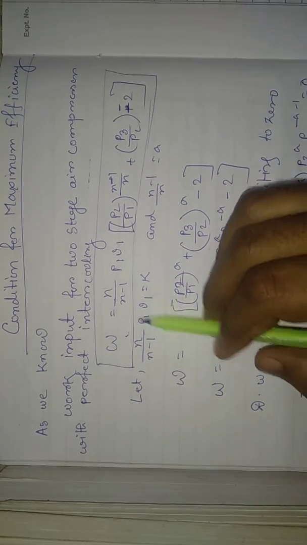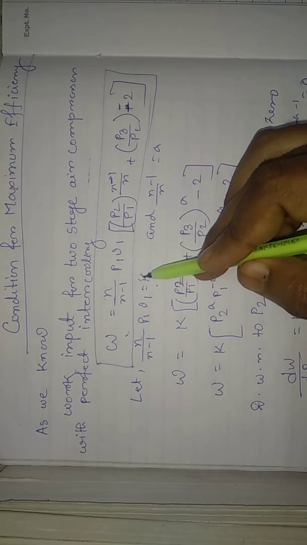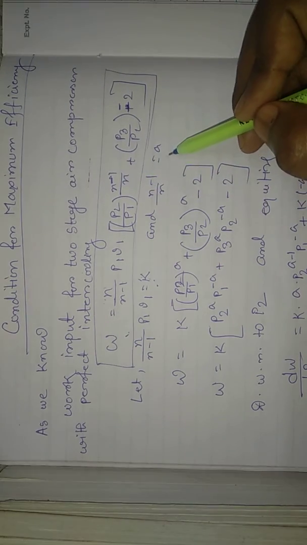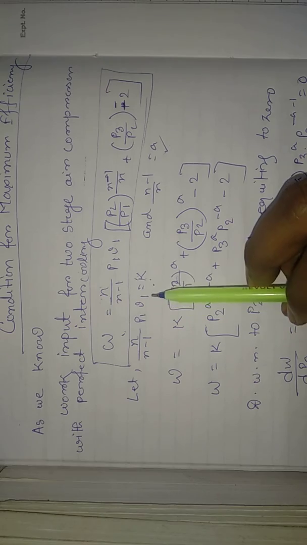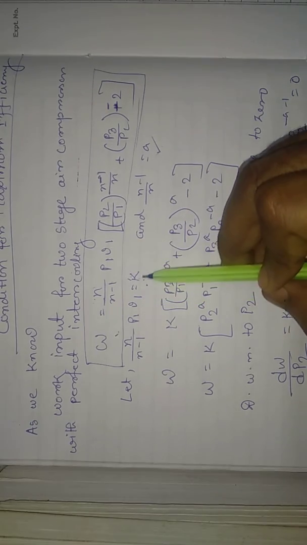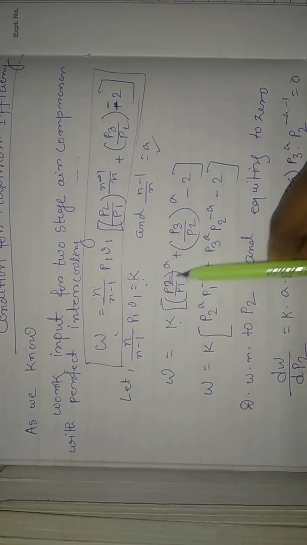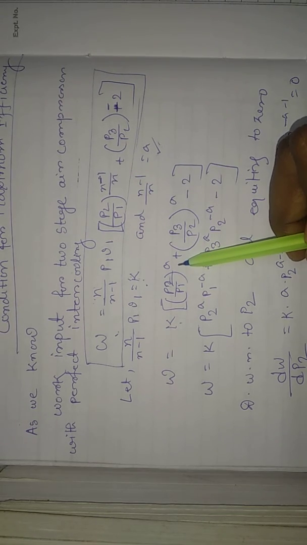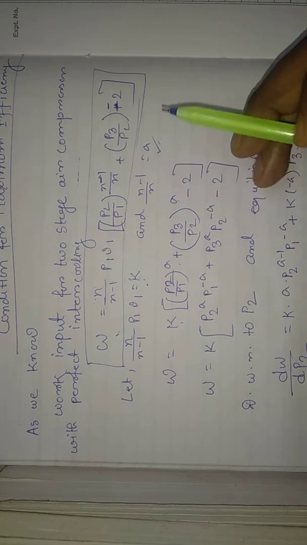As we know, n by n minus 1 into P1, we assume that this term is K, and n minus 1 by n is indicated as A. Now we can write these equations in terms of K and A: K into bracket open, P2 by P1 to the power A, plus P3 by P2 to the power A, minus 2.